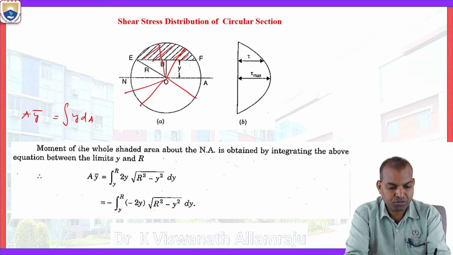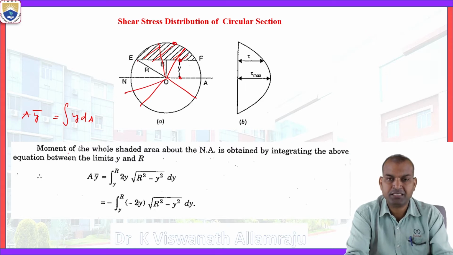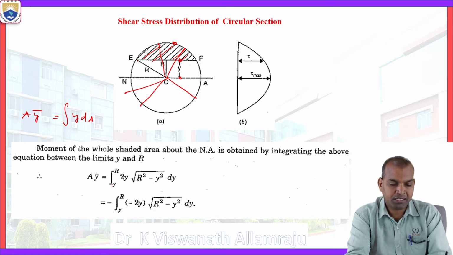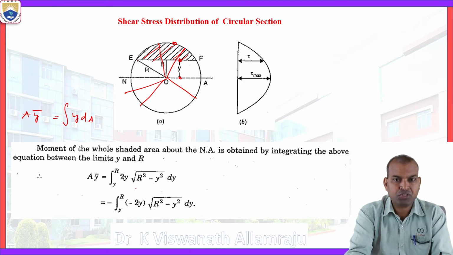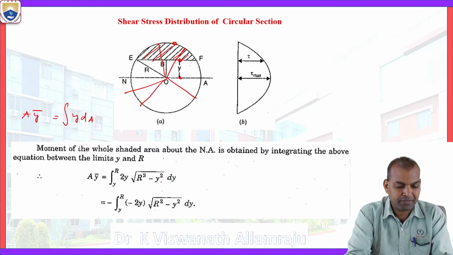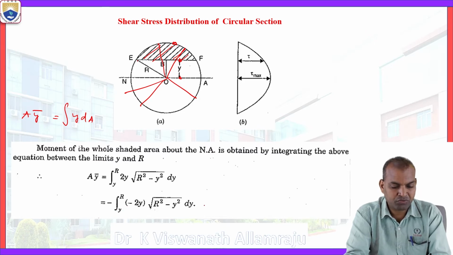So from y to R of y dA gives the total moment of area about the neutral axis. That is the integral from y to R of 2y times the square root of R square minus y square dy. Here, integrating gives minus of minus plus, so minus of 2y times R square minus y square dy.